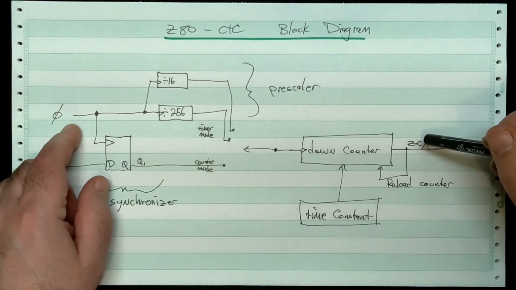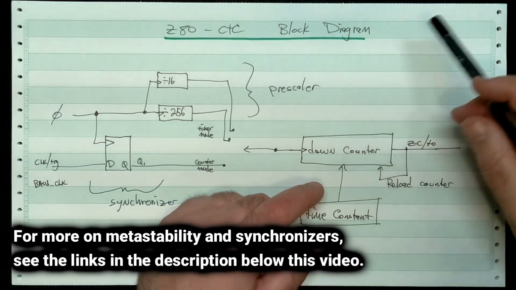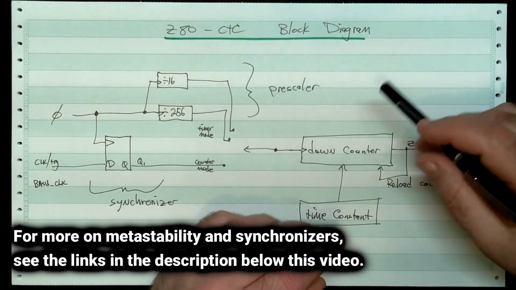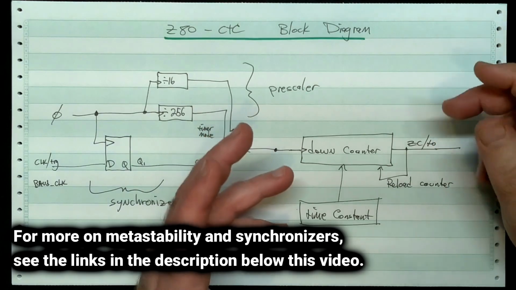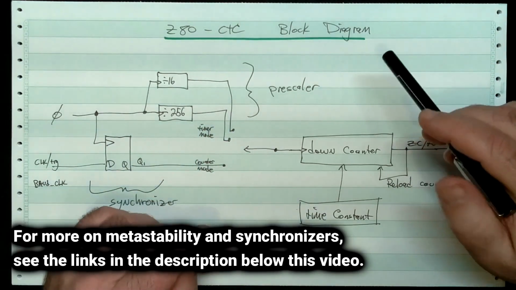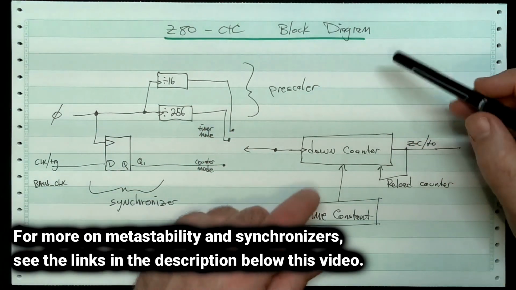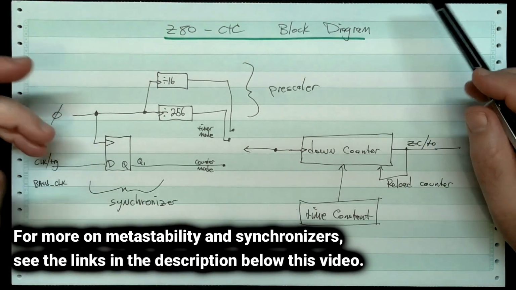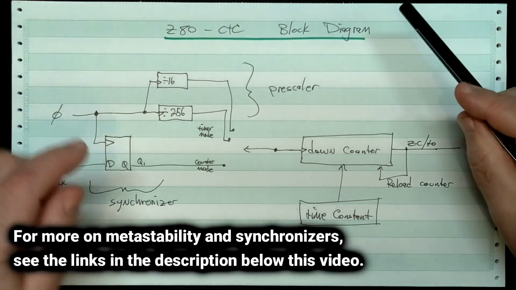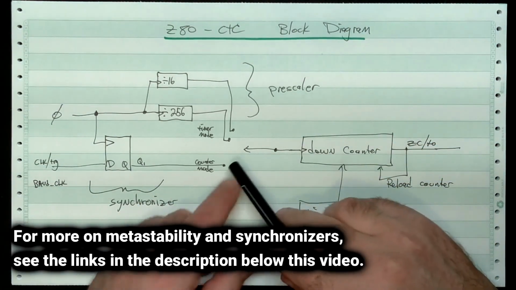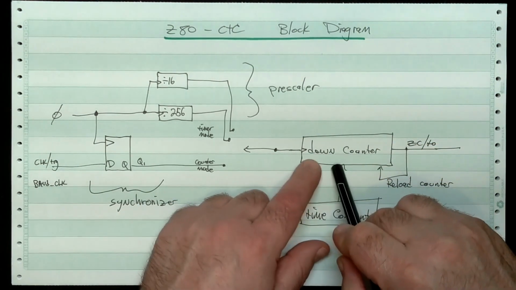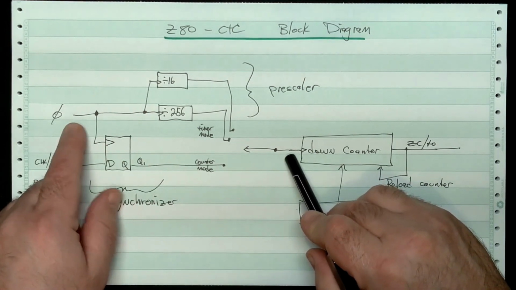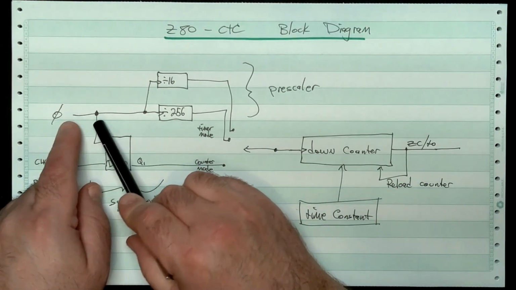Okay? If they're not, you can run into real problems that are related to what we call metastability. And you can Google that and read about it. I could do another talk on that if anybody's interested in hearing about that. The bottom line is bad things can happen if the frequency or the pulses that arrive on this down counter are not synchronized to the edges on the phi clock.